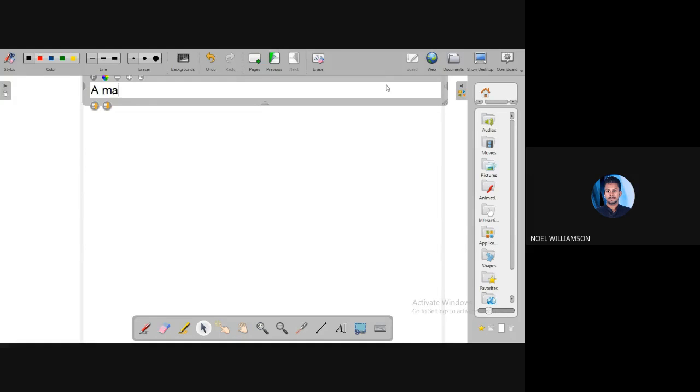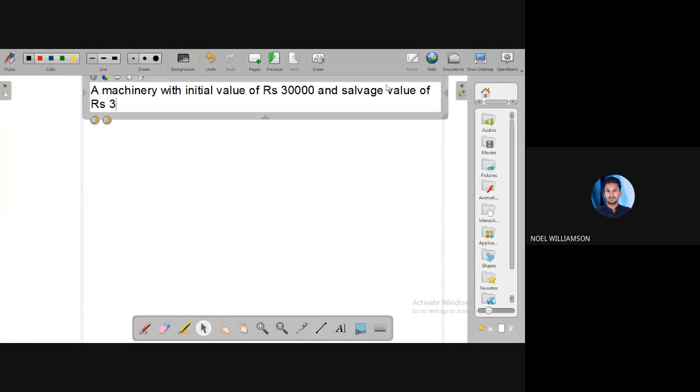A machinery with an initial cost of 30,000 and a salvage value of rupees 3,000 at the end of 10 years is sold for rupees 20,000 after 1 year.